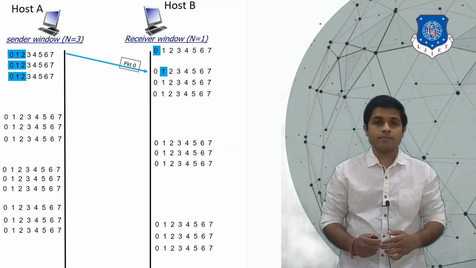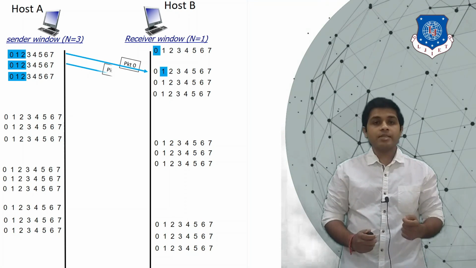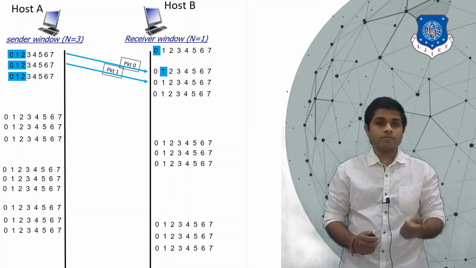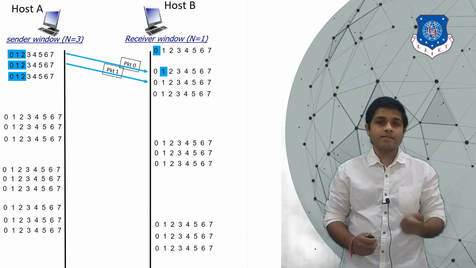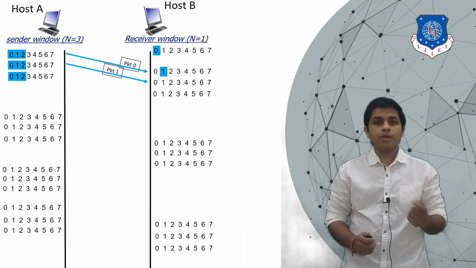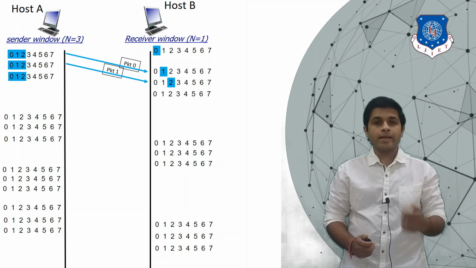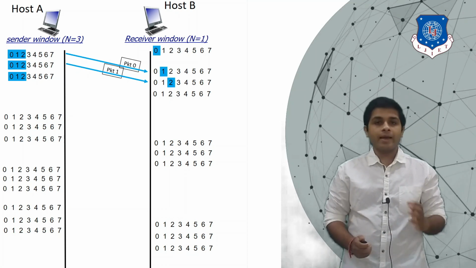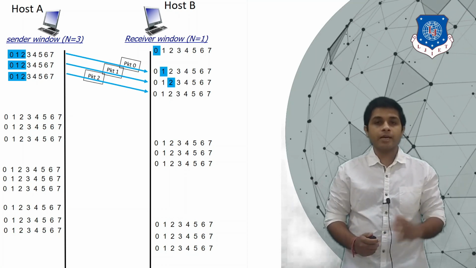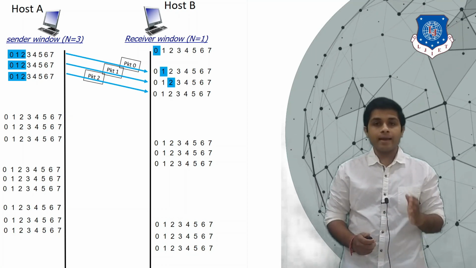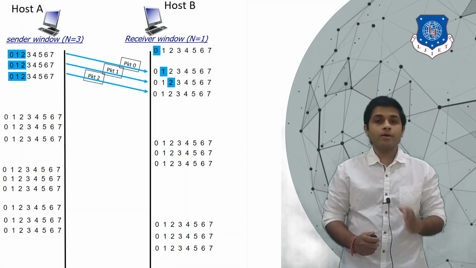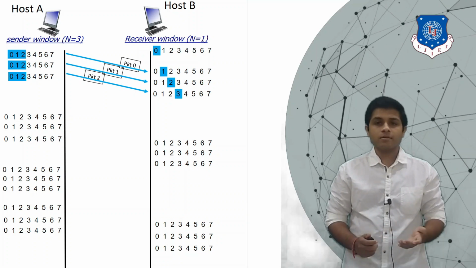Then A sends packet 1, B receives it, and the window slides to 2. A then sends packet 2, B receives it, and the window slides from 2 to 3.